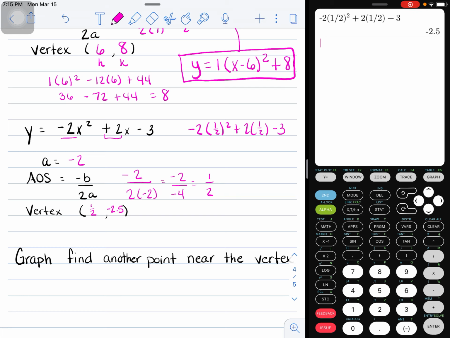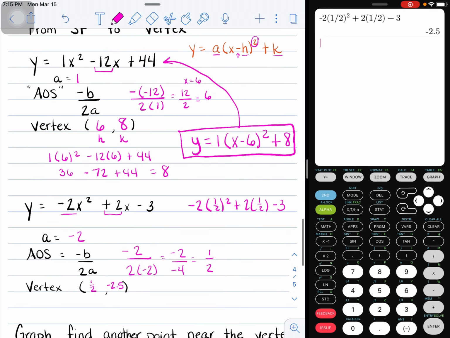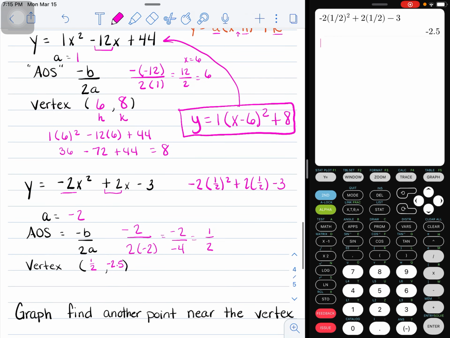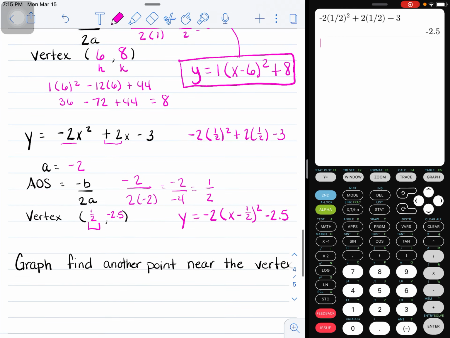So if we want to then write it in our form, we have to think about what our form was. Remember what our form was, a(x minus h) squared plus k. So now we would write it. y equals, our a value was -2, (x minus, put in our h value, 1/2), that quantity squared, and then minus 2.5. That would be in vertex form.